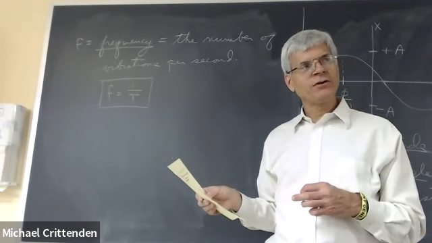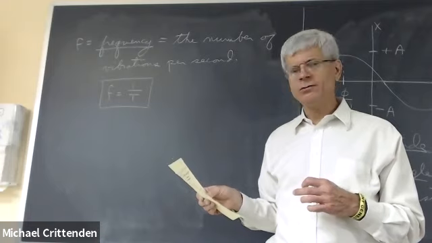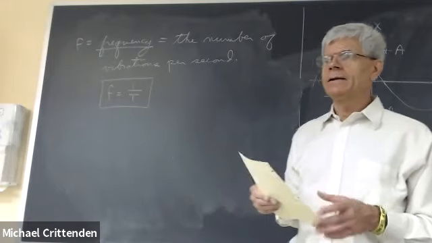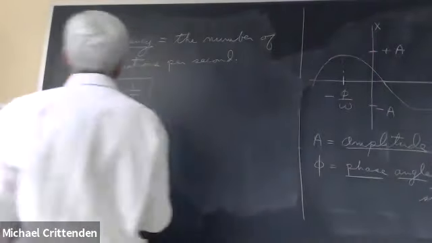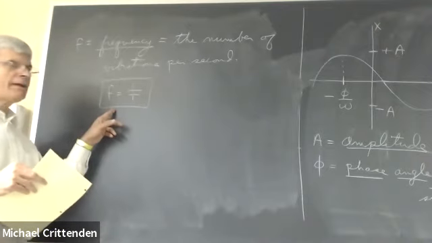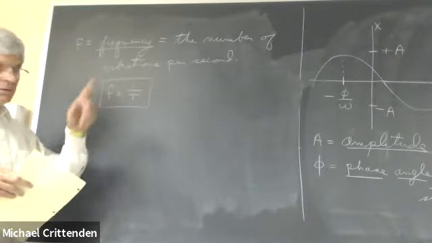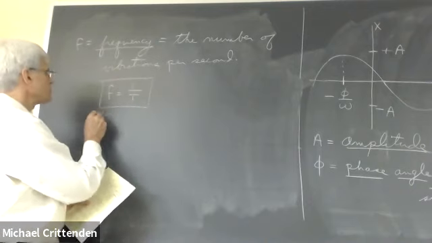It's kind of an obscure word, but I've been told the word to osculate means to kiss. Maybe just better to stick with the word vibration. Anyhow, no matter what kind of vibration it is, harmonic or not, this is what the word frequency means. So this would be true in general.